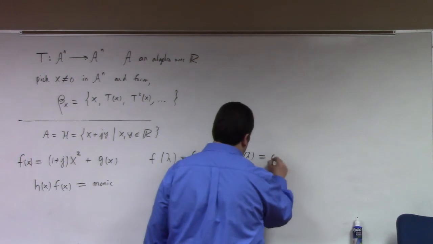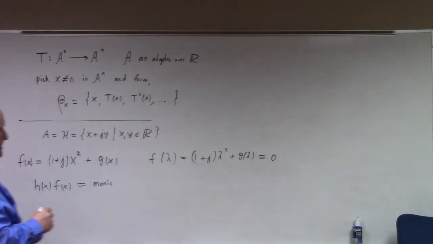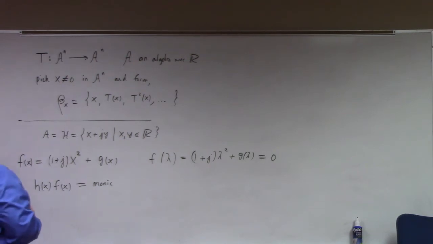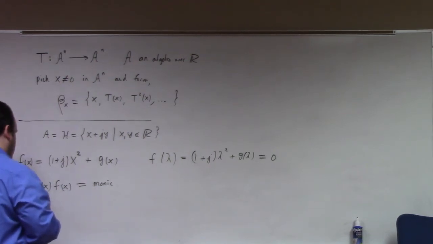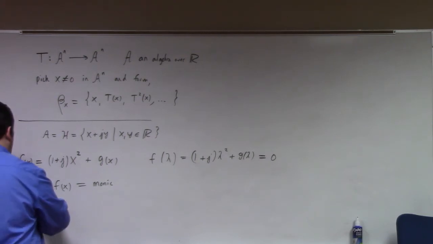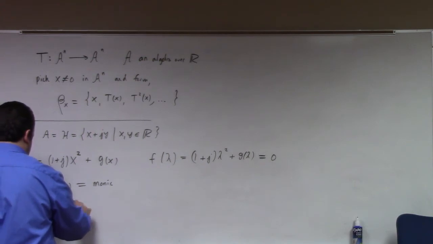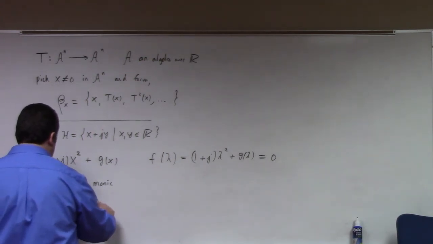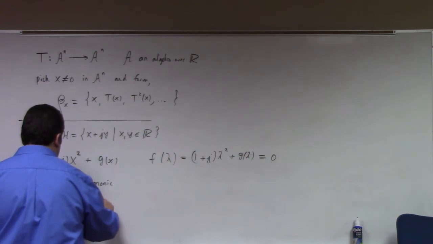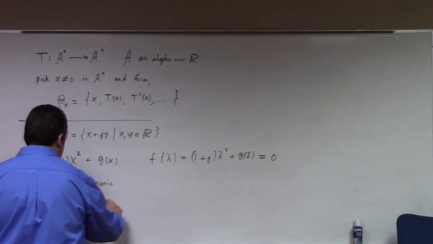Okay, so you generate 1, lambda, lambda squared, lambda cubed up until some constant, because you can multiply f(x) with h(x) to turn it into a polynomial. When you plug lambda into h and f, you will have 0. So h of lambda times f of lambda is equal to this monic, which is lambda to the n plus stuff.